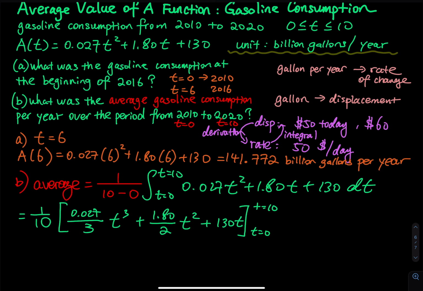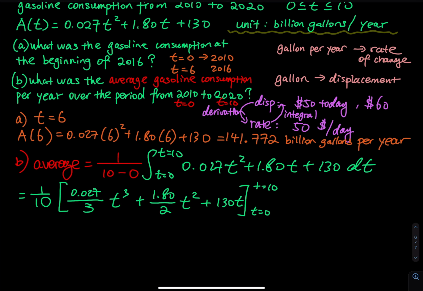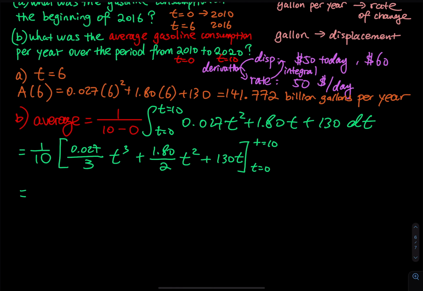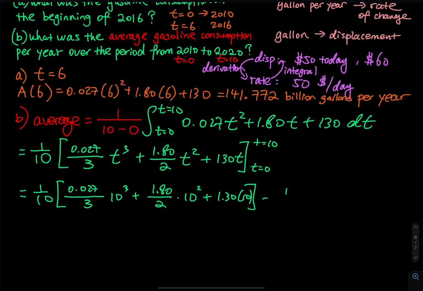The good news is when you plug in the 0, the whole thing is gone. And then let's plug in the 10. So you have 1 over 10 times 0.027. You can simplify, but let's not do this in this line. So 10 to the third power plus 1.80 divided by 2 times 10 squared plus 130 times 10, close the square bracket, minus 1 over 10.